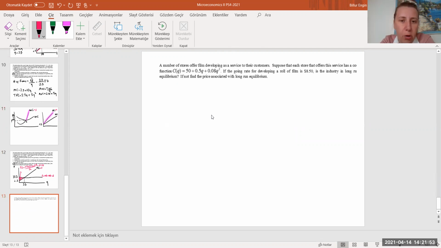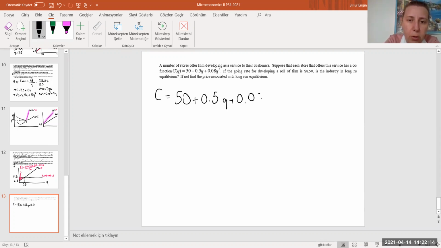A number of stores offer film developing as a service to their customers. Suppose that each store that offers this service has a cost function of 50 plus 0.5Q plus 0.08Q squared.